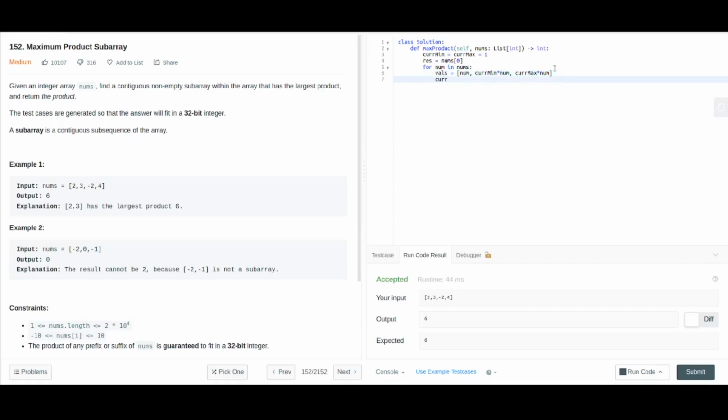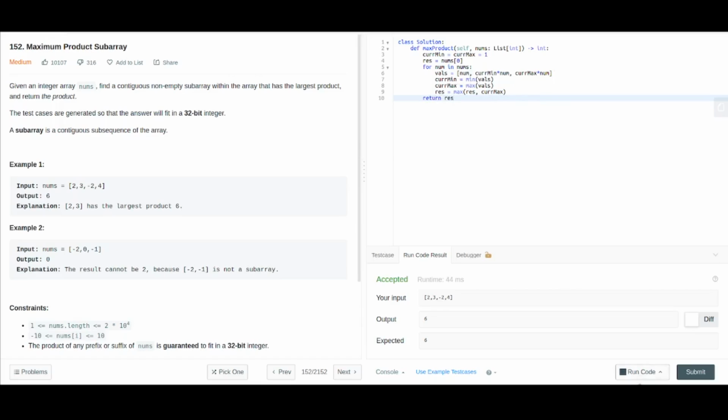Current min equals to the minimum of values. Current max equals to the maximum of values. Then we update result to the maximum of the old result and current max. Then in the end here, we simply return result.